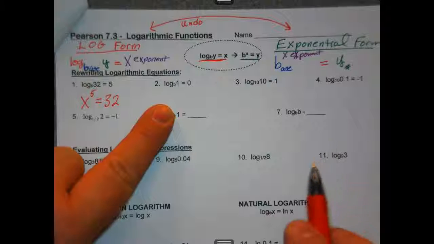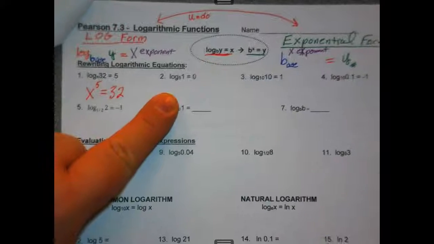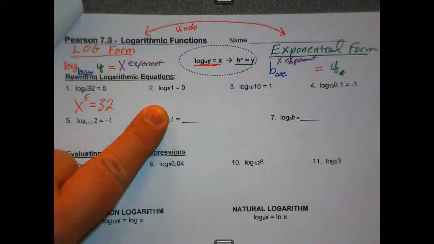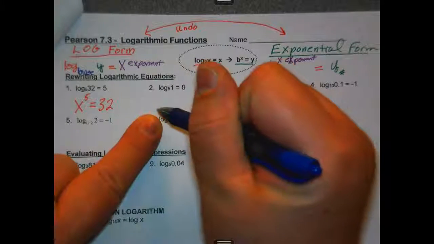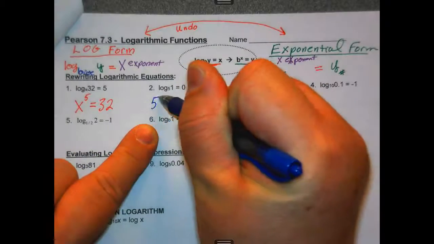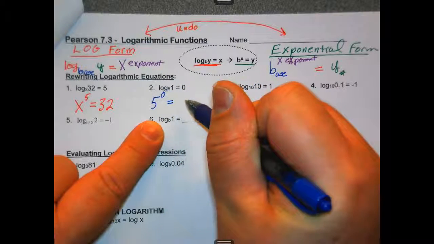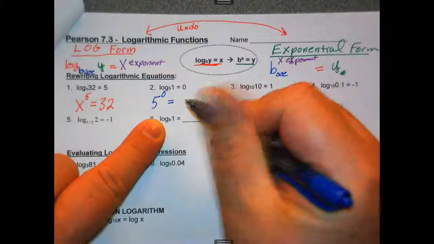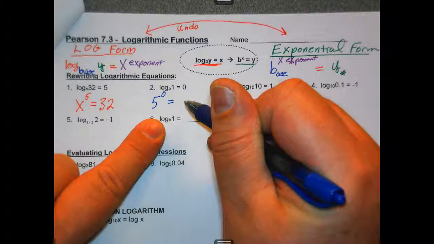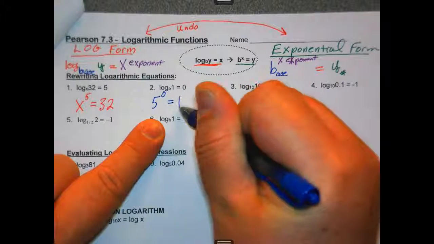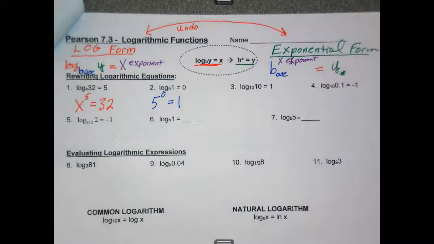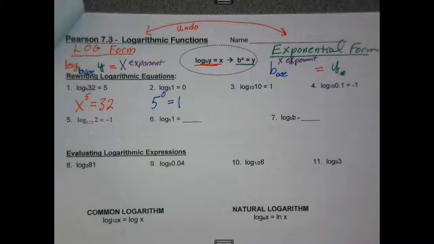All right, number 2. What's my base? What's my exponent? And what's my solution? What's my y? Okay? Any number raised to the 0 is 1. Okay. Do you guys see this?